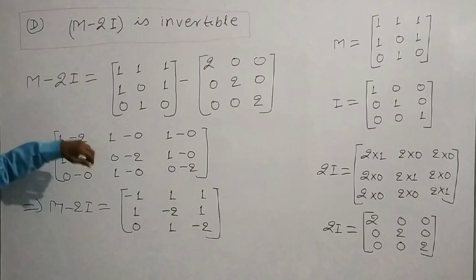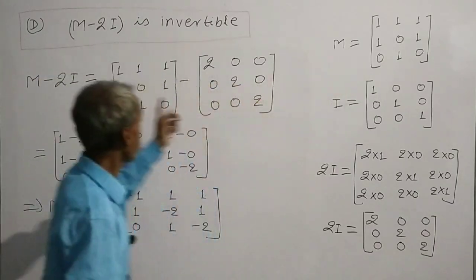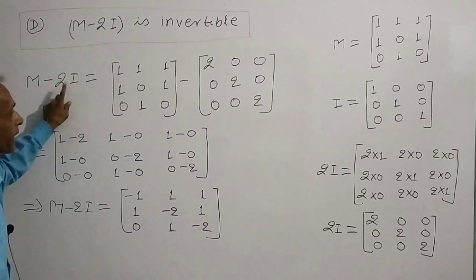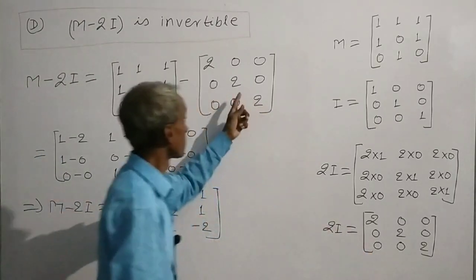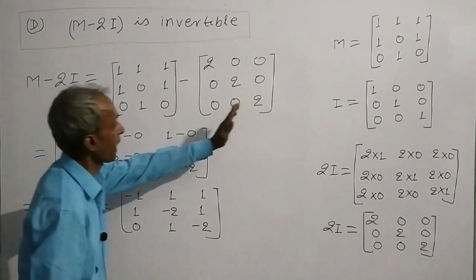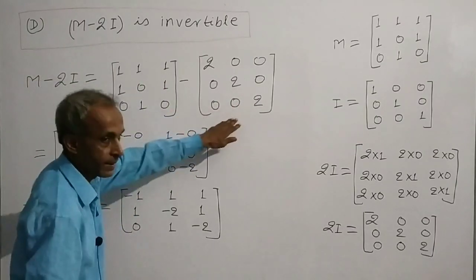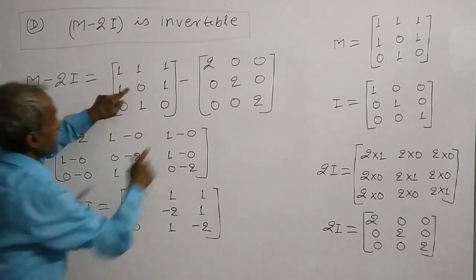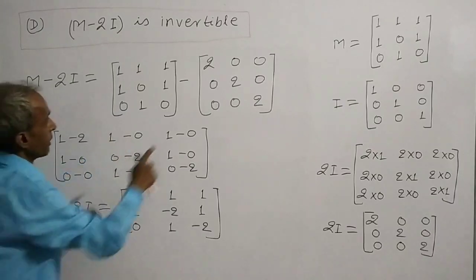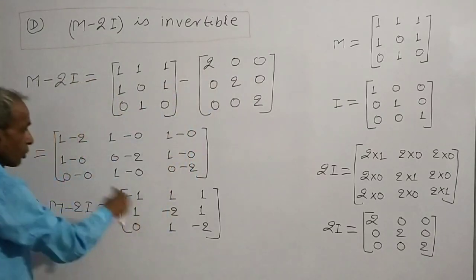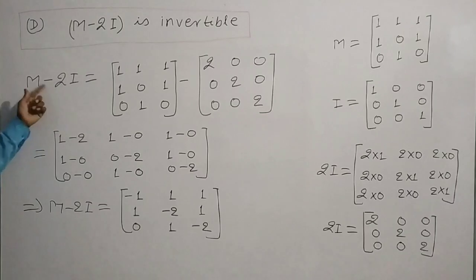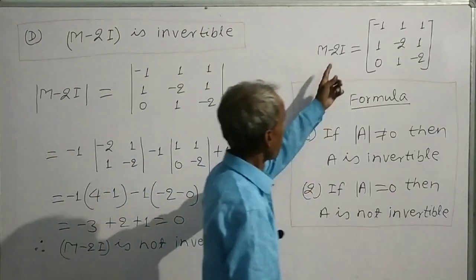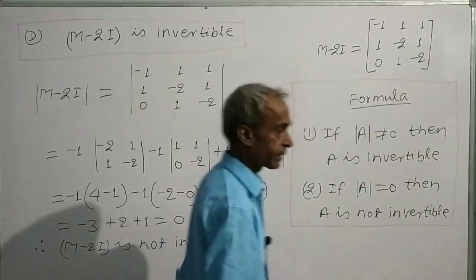Therefore, M minus 2I, M this matrix and 2I this matrix. Subtract this matrix from this matrix, we subtract 2 from 1, 0 from 1, 0 from 1 and so on. Then we get M minus 2I is equal to this matrix.